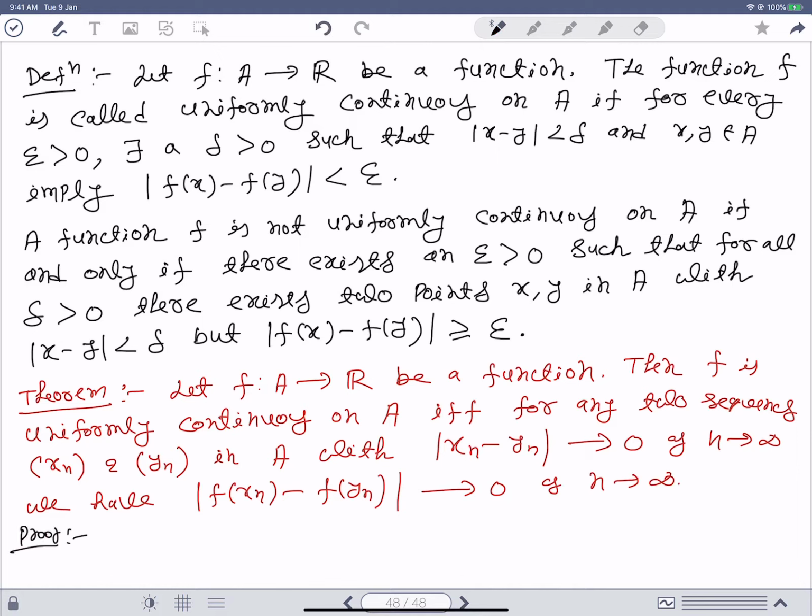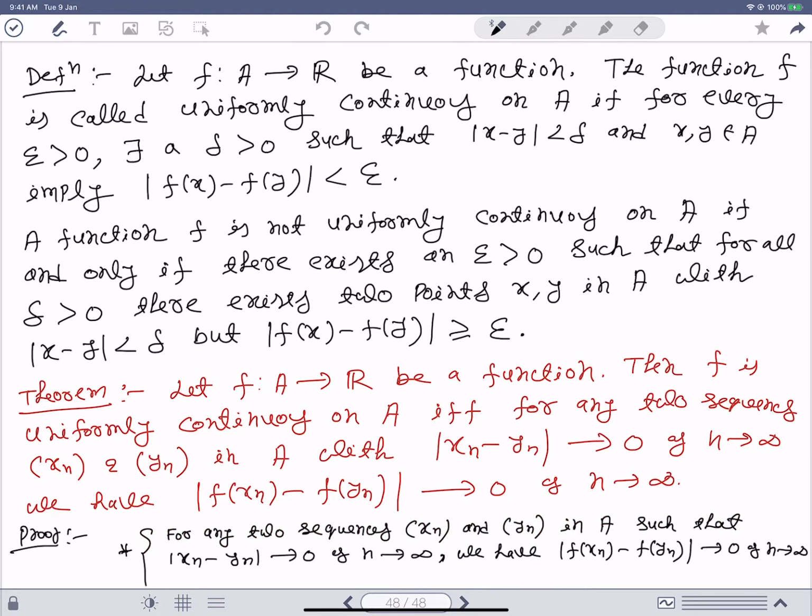So here is the proof. So first let this condition be star. So star means for any two sequences xn and yn in A with the property that mod of xn minus yn converges to 0, we have f of xn minus f of yn converges to 0. Fine.